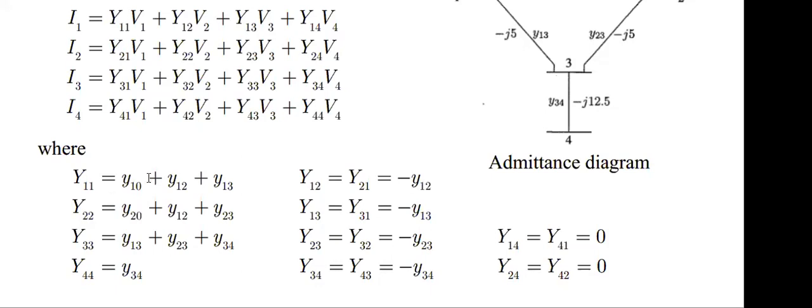That's why you don't have small y11 here. The second term is not present because the summation excludes j equals i. So if i is 1, you cannot consider small y11. Is it clear?